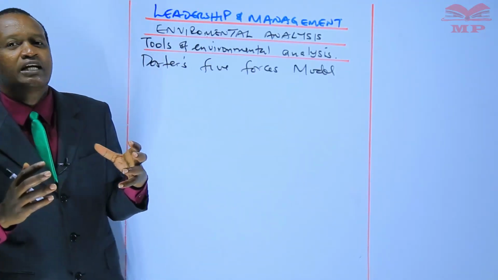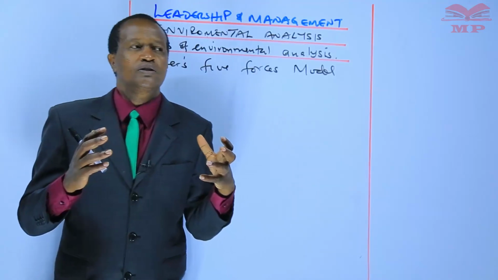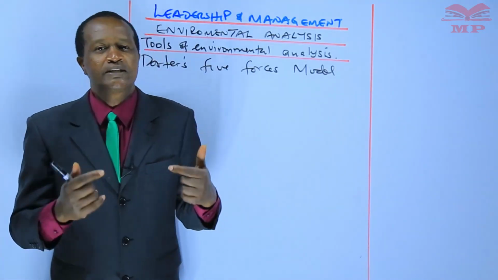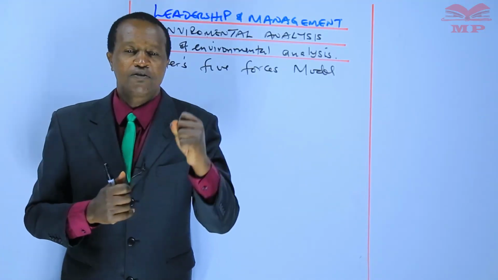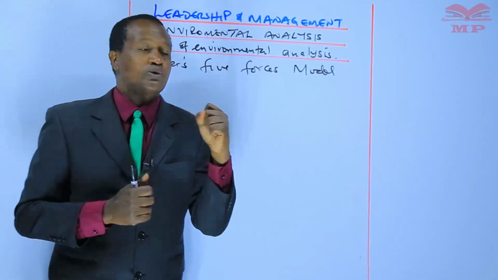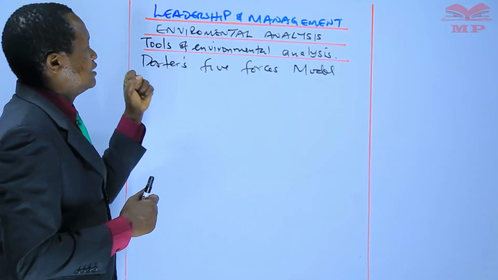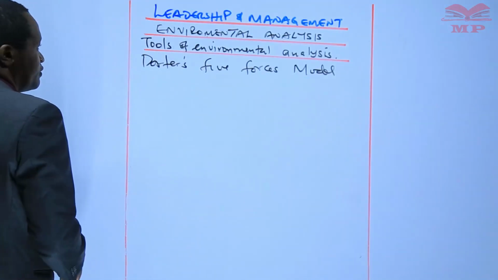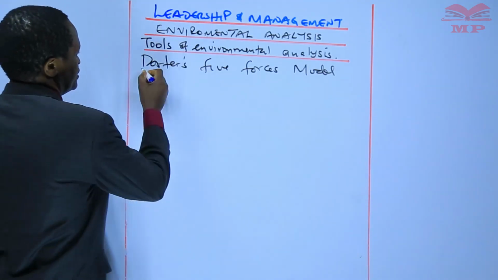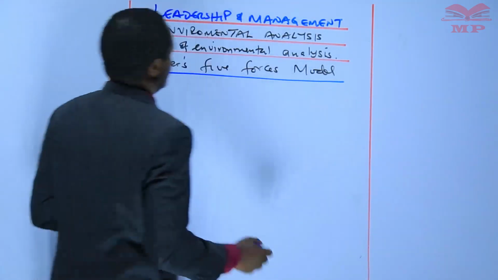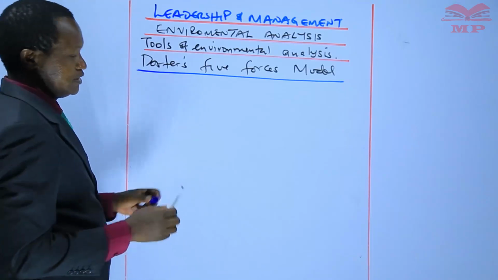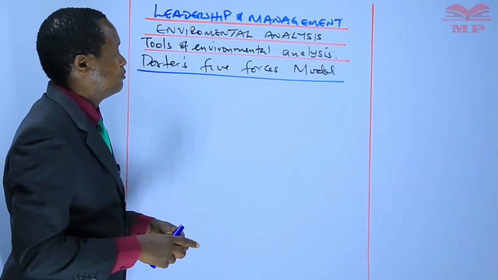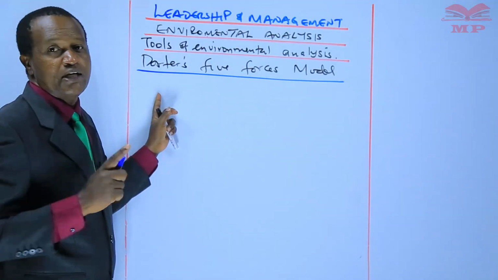He also states that the level of this intensity is determined by 5 basic forces, what are known as Porter's 5 forces. The word Porter is derived from the propounder of the model, Michael Porter.